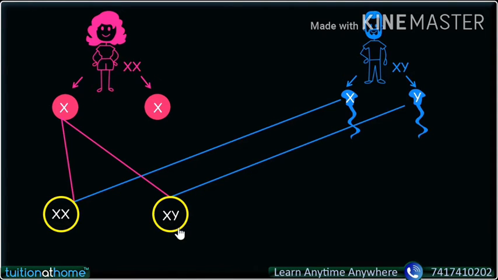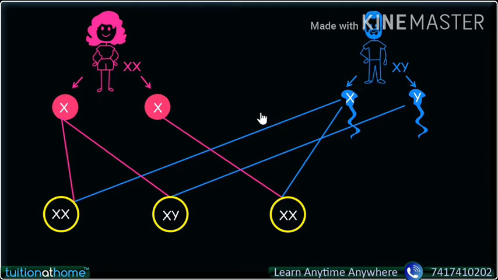Next is the second X of the mother. When it gets fused with the X of the father, that is the X of the female and the X of the male, we get genotype XX. Both X make XX.